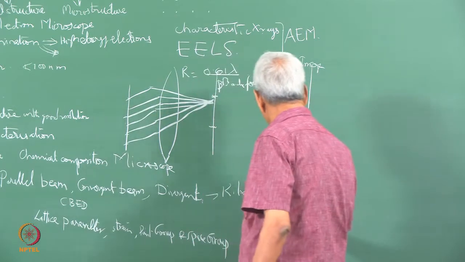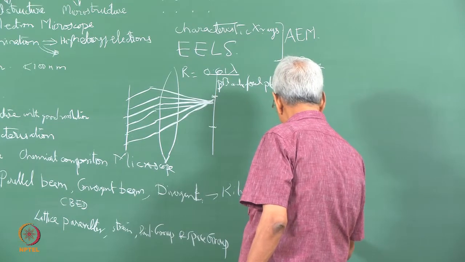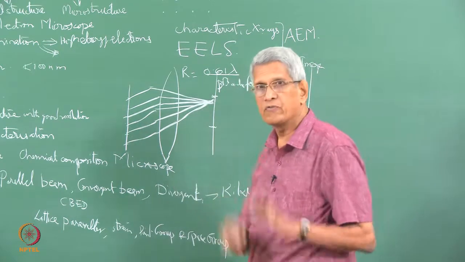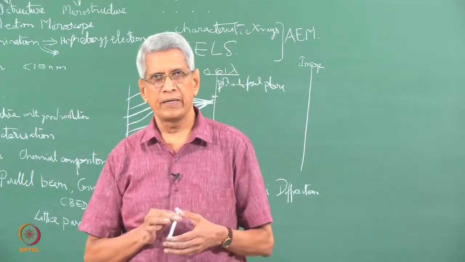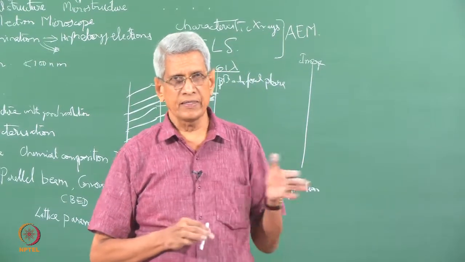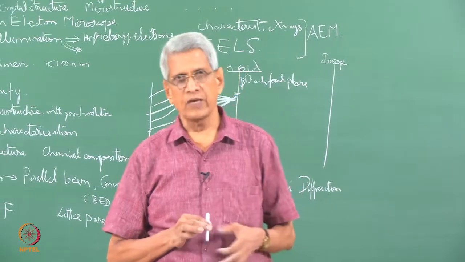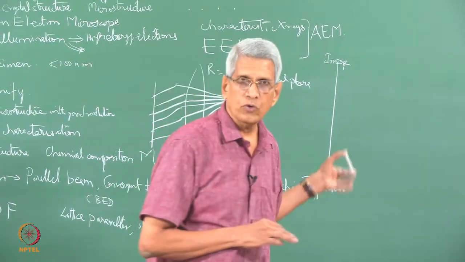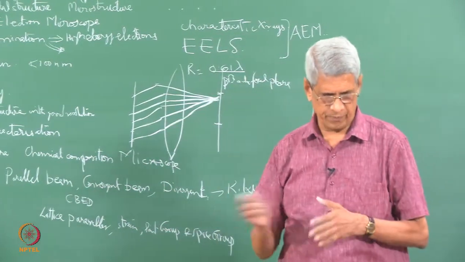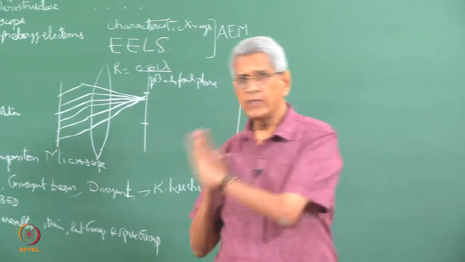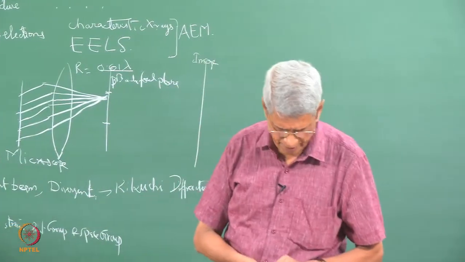The source of Kikuchi diffraction, the source of illumination, is within that sample. Because of that, when we tilt the sample by some angle, this diffraction pattern also shifts, and this could be used to orient the sample accurately, and also to find out the lattice parameters quite accurately. This aspect also we have covered in detail.